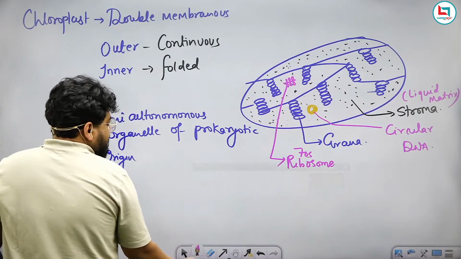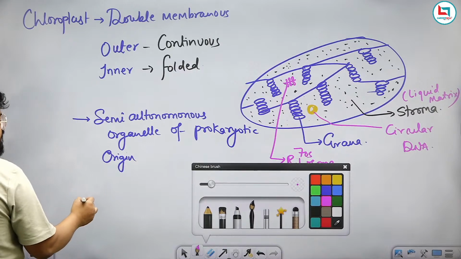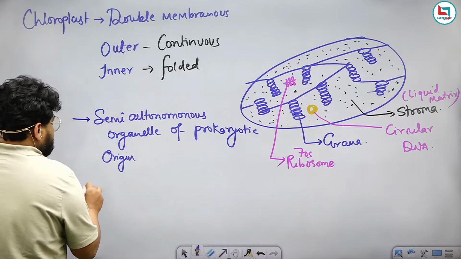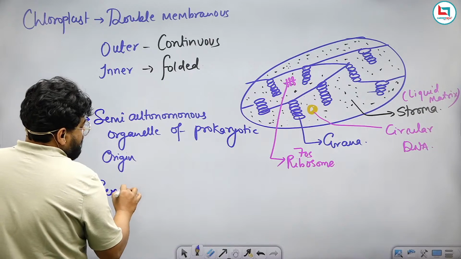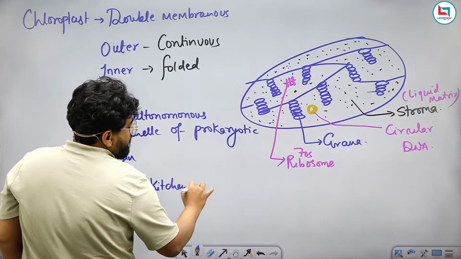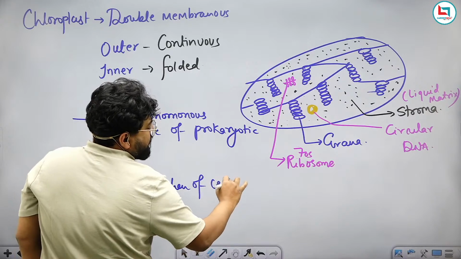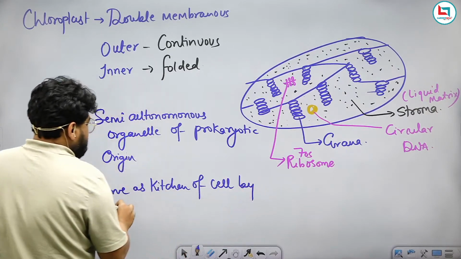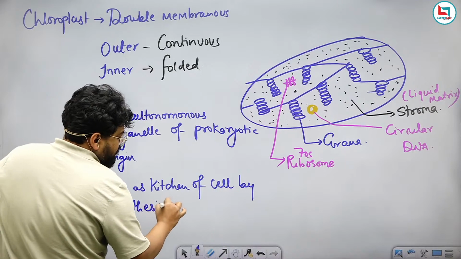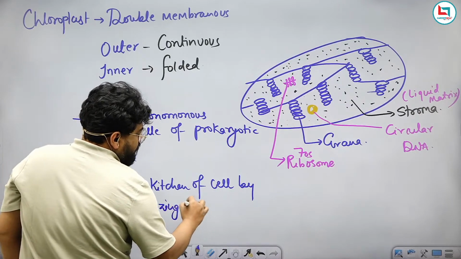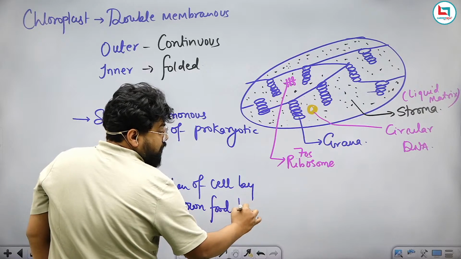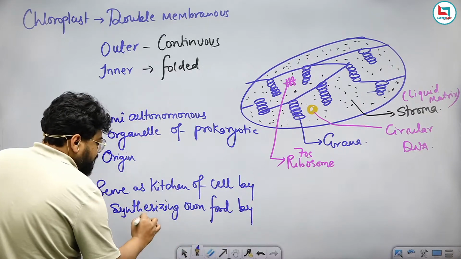Next thing is, what is the function of chloroplast? Chloroplast serves as the kitchen of the cell, synthesizing its own food via photosynthesis.